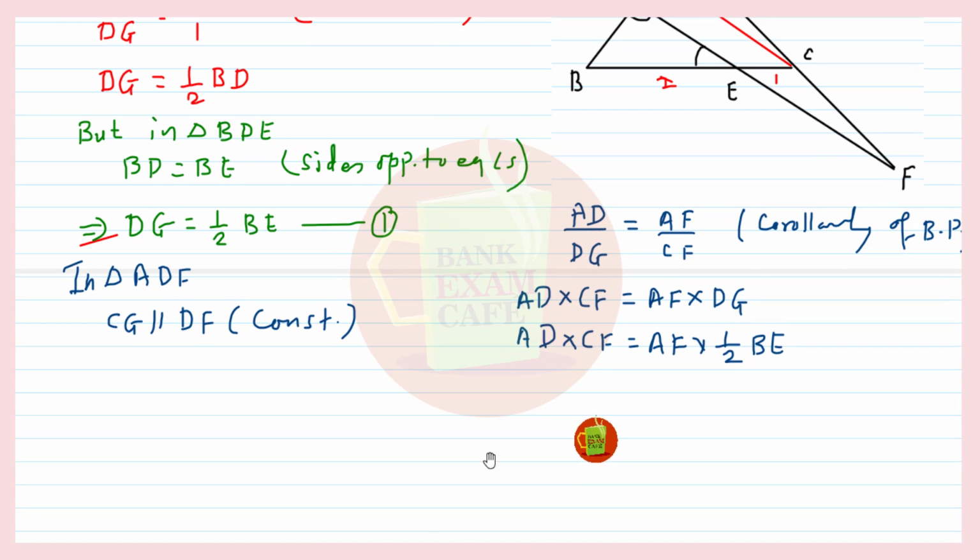Now take 2 to the other side. It will go to the numerator and you will get 2 into AD multiplied by CF, which is equal to AF into BE. That is AF into BE equal to twice of AD into CF. That only we have to prove, and hence it is proved.